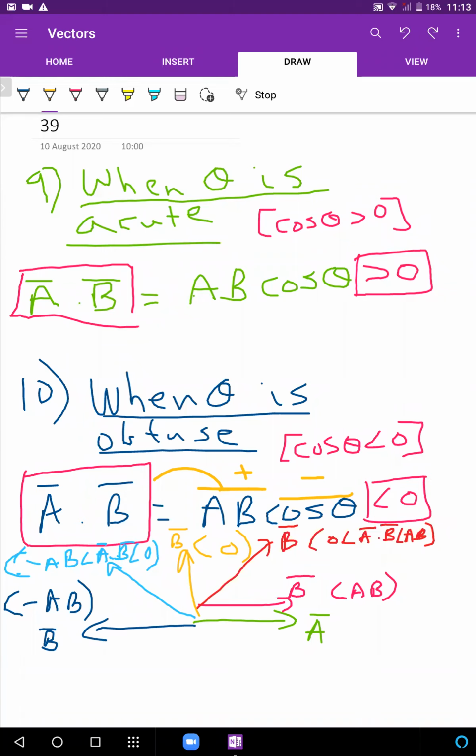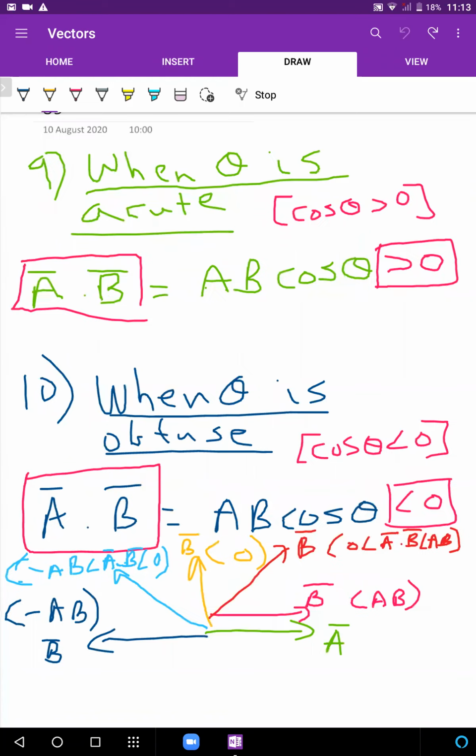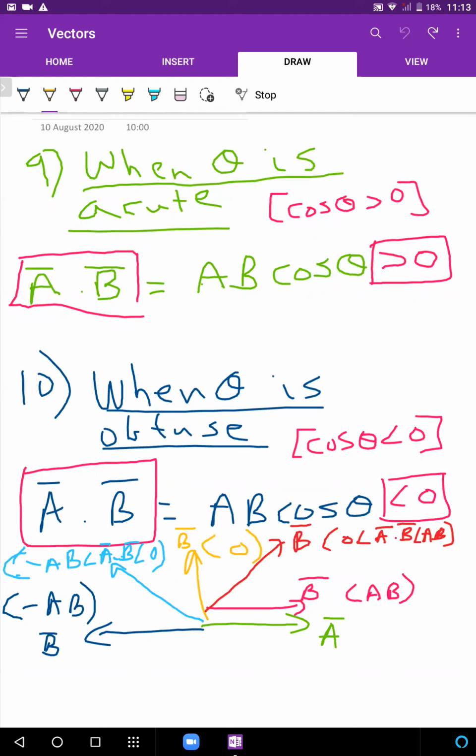Okay, so below that I have made a colored summary. If you look carefully, I have basically drawn vector A bar and I'm drawing different positions of B bar in different colors. Okay, so the first position I'm drawing is a parallel B bar.